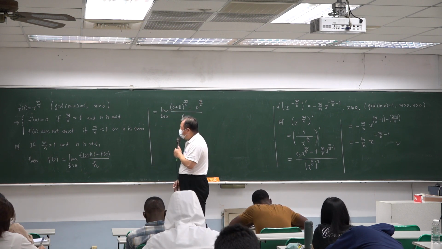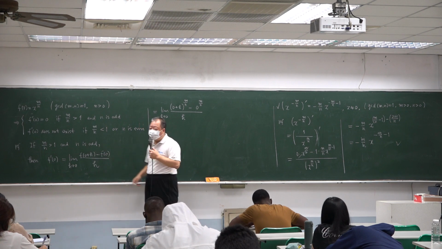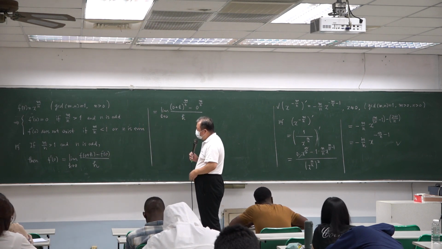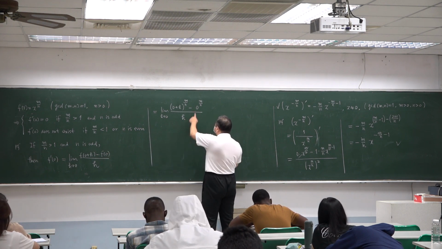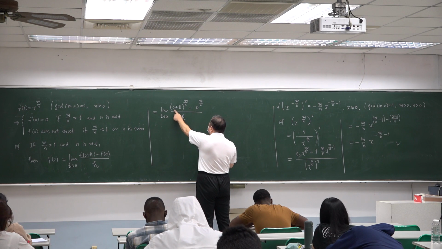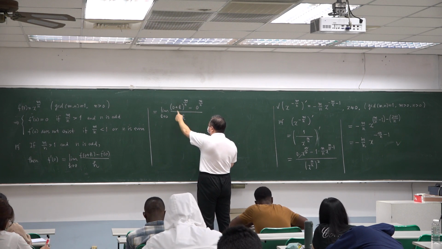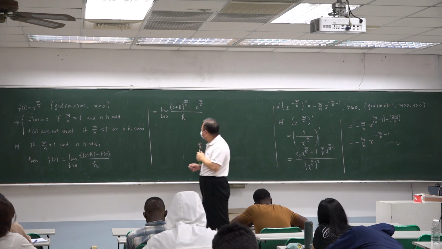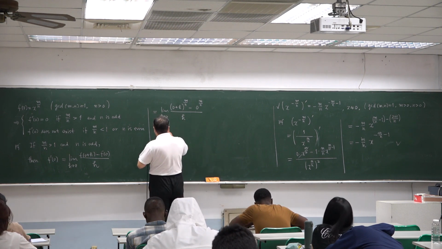Because n is an odd number, this function is defined for every real number. So 0 is defined. At 0 plus h it is also defined, no matter whether h is positive or negative. Use the law of exponents.